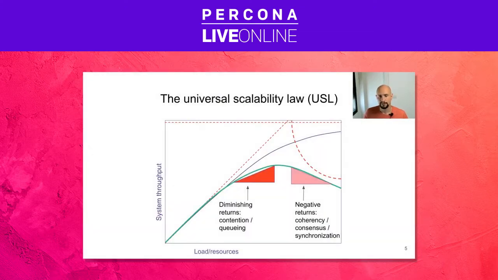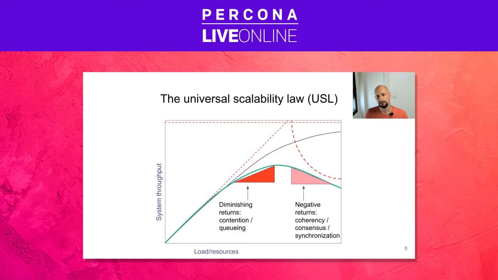So before we begin, I would like to take a look at a scalability model known as the universal scalability law. And this is the reason it's called the universal, because it's basically a model that assumes very little and it applies to almost anything. So when you start scaling systems, meaning you add resources or you increase the load on the system, initially you see linear growth in system throughput, meaning linear scalability.